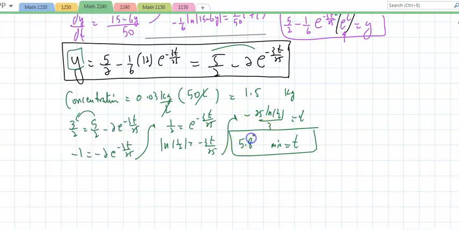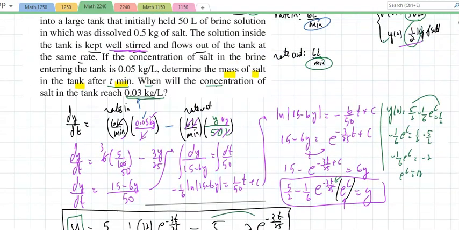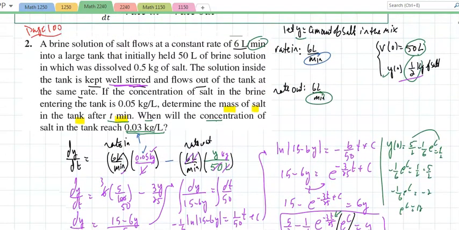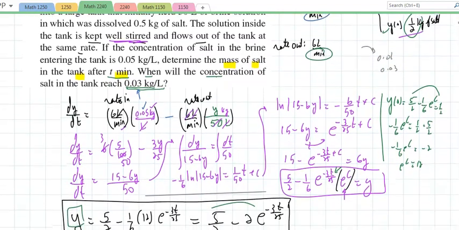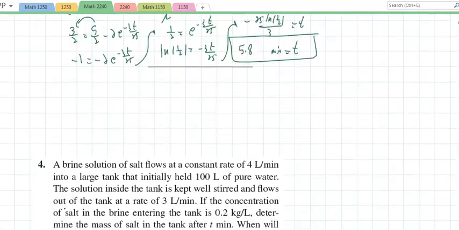It's going to take 5.8 minutes to reach that concentration. The original concentration is half per 50. The original concentration is 0.01, so you're adding more every minute. It's going to take 5.8 minutes to reach that concentration.